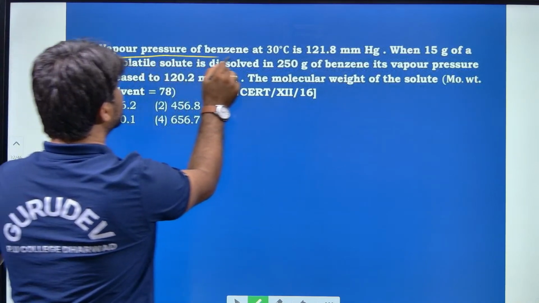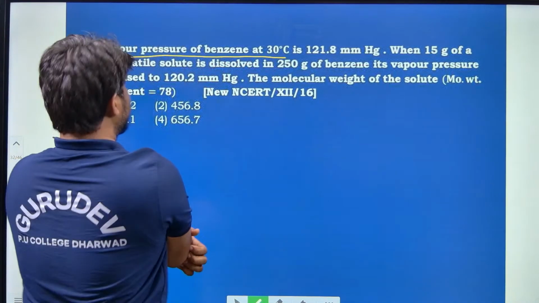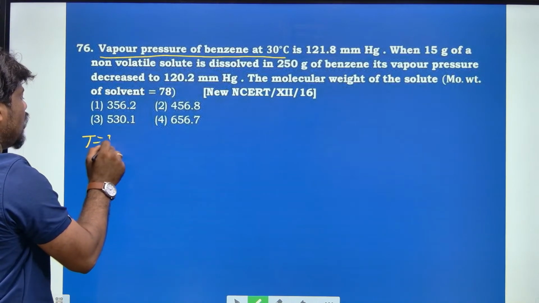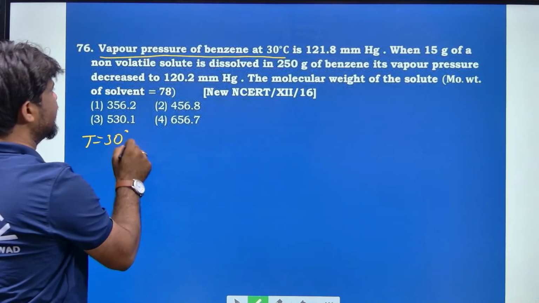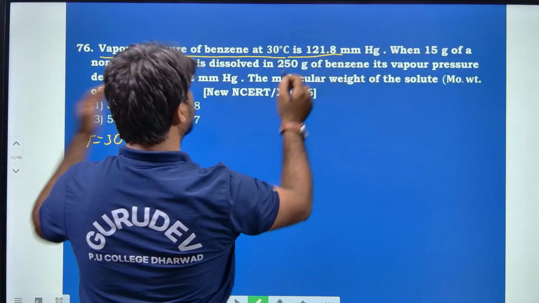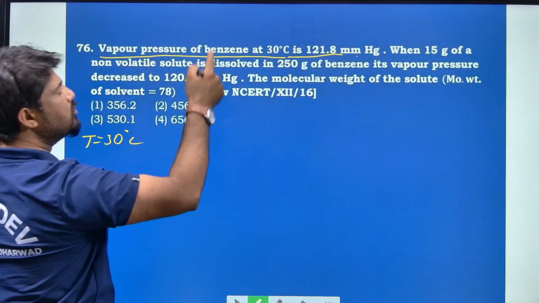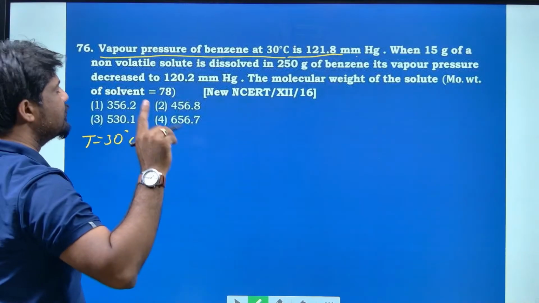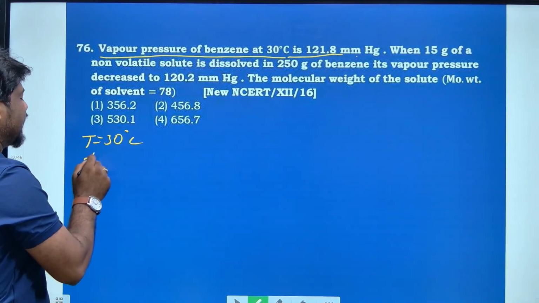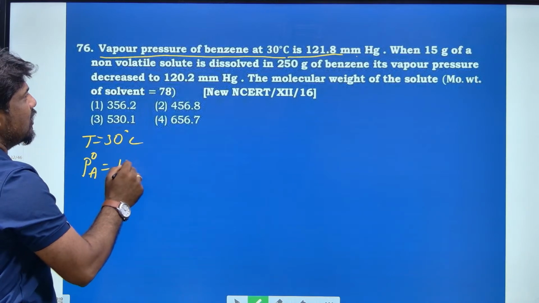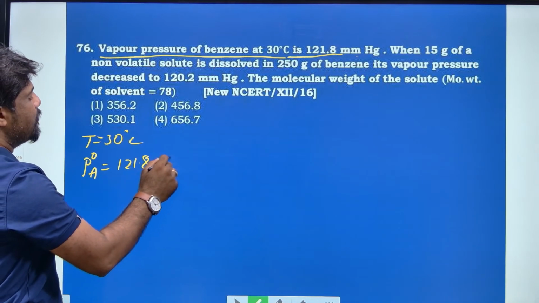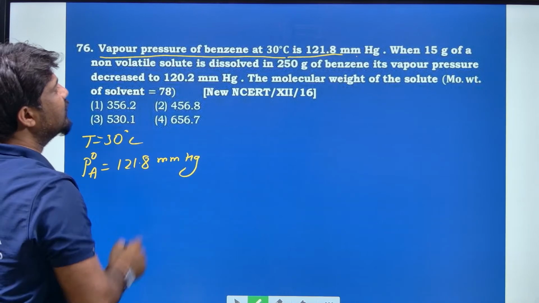The vapor pressure of benzene at 30 degrees Celsius. So T is equal to how much? 30 degrees Celsius, it is 121.8 mm of Hg. So the vapor pressure of benzene, usually benzene is taken as a solvent, it's a pure component, that's what I take as P0A. How much is it? 121.8 mm of Hg it is given.